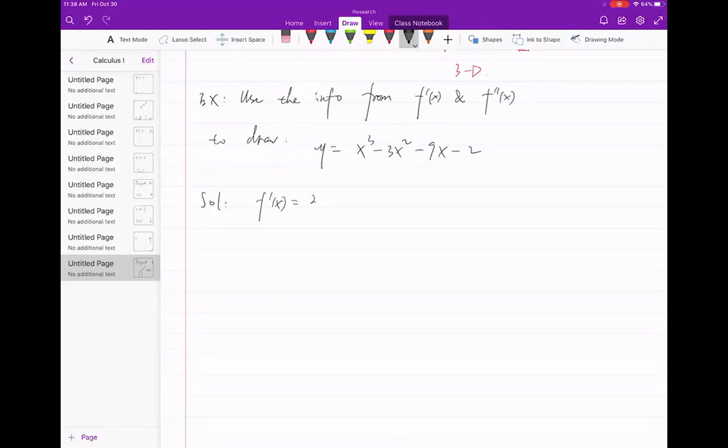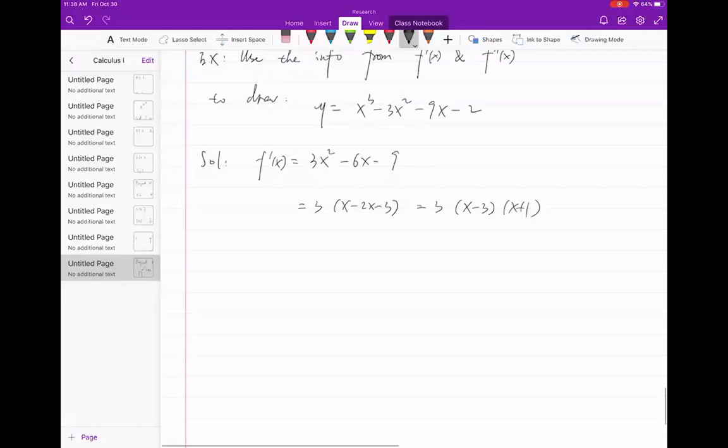First derivative. Okay? 0 here and here. So naturally 3 parts.